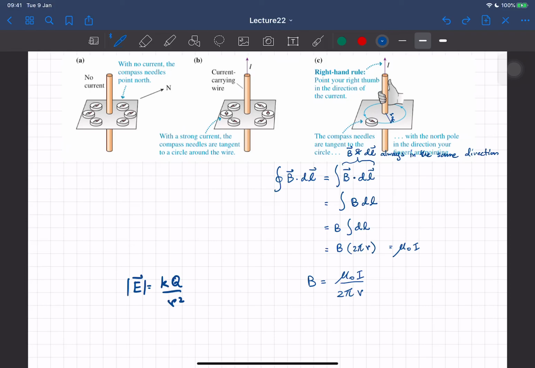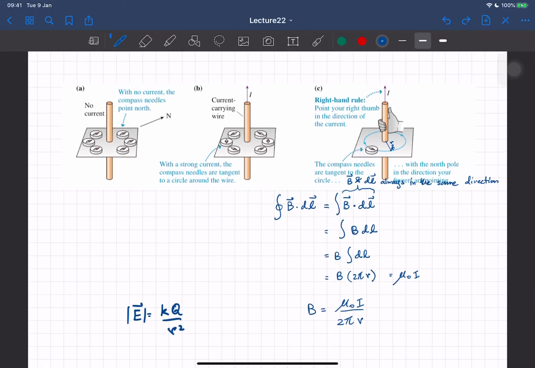But again, the important thing is that you need to identify the current here. Okay, if you have a current which is double, let's say 2I, let's say you double the current in the wire, then this one will also be double. Okay, so if you double the current, the magnetic field will also double, which I think makes sense because how strong the magnetic field is depends on how strong the current is.